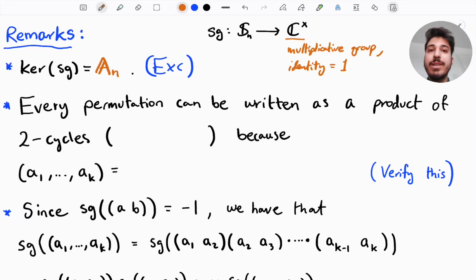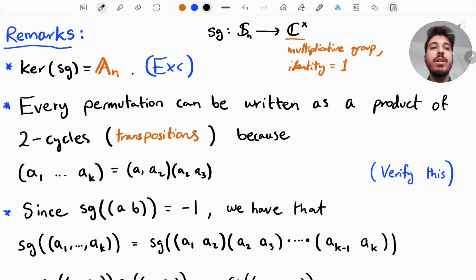Now, another remark is that every permutation in Sn can be written as a product of two-cycles, and any two-cycle we call a transposition. Because if we have a cycle like this, (A1 ... AK), we can write it as (A1 A2)(A2 A3)(A3 A4), all the way until (AK-1 AK).